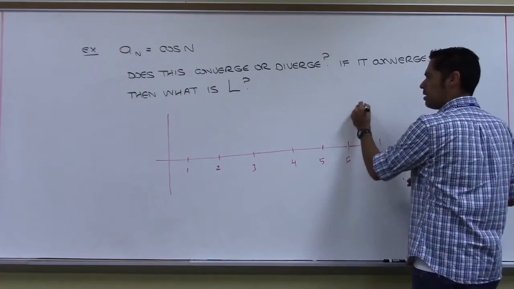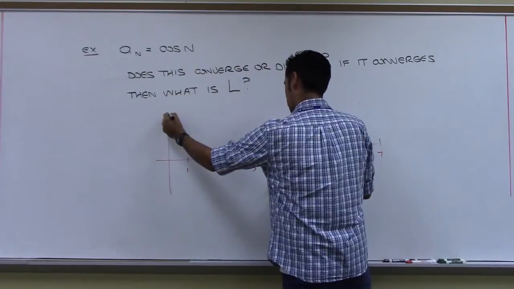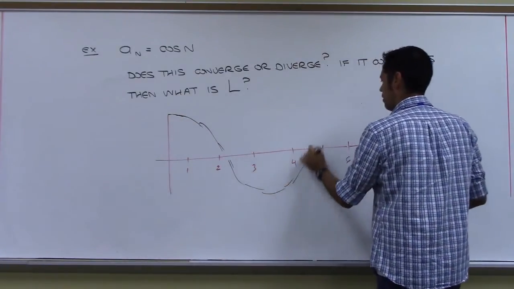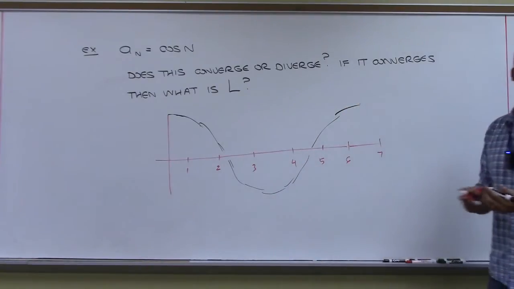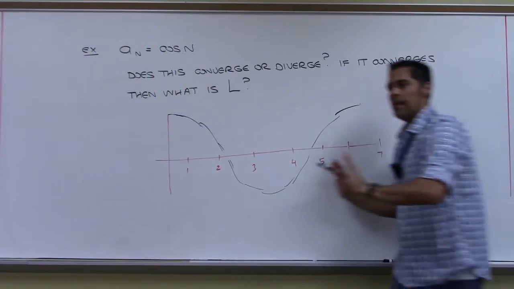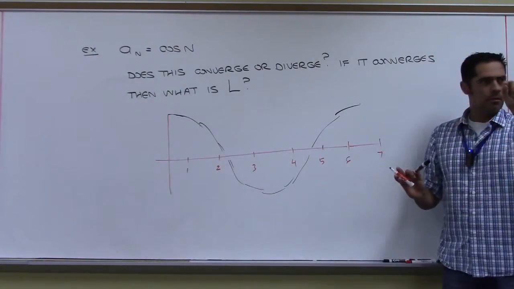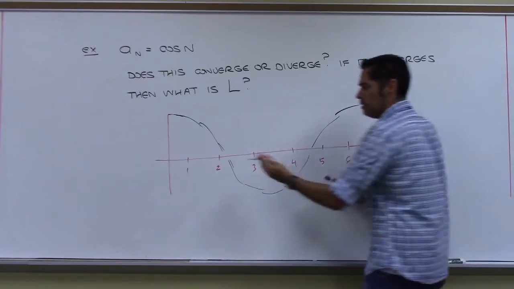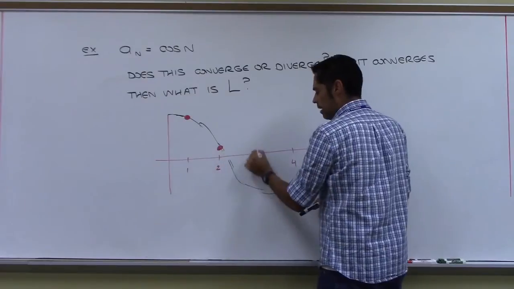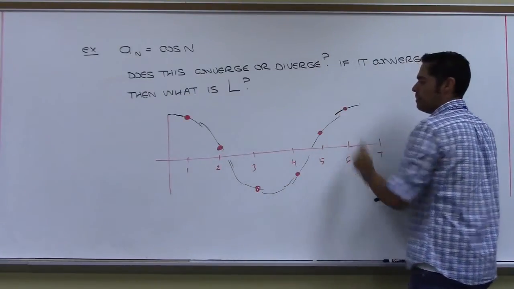So we know that a cosine curve looks something like this. That's what a cosine curve looks like as a function of x, where we're allowed to take every value in between. We're only picking out the points at 1. So up here we're at 1, and then 2, maybe we're here, and then at 3, we're here, and then 4, 5, and 6, maybe we're here.